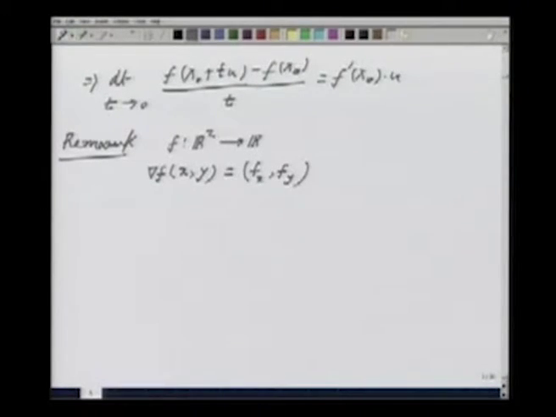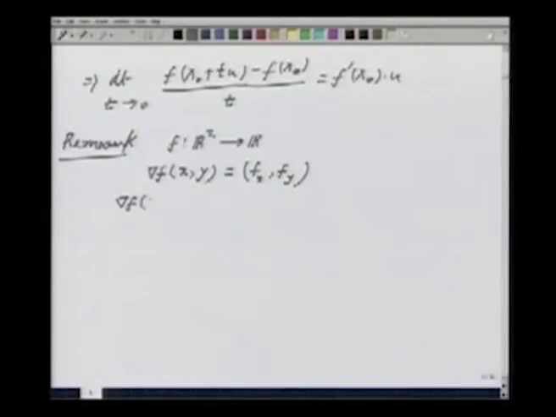So it's a vector. And we know that if f is differentiable, this gradient actually gives me the derivative. So grad f at (x naught, y naught) is nothing but f prime at the point (x naught, y naught), which is given by the definition of grad as (fx at (x naught, y naught), fy at (x naught, y naught)).